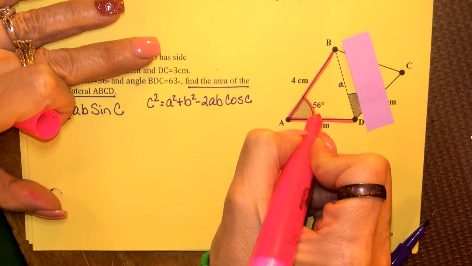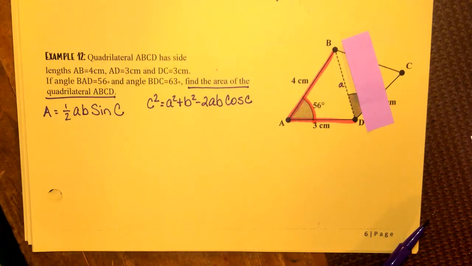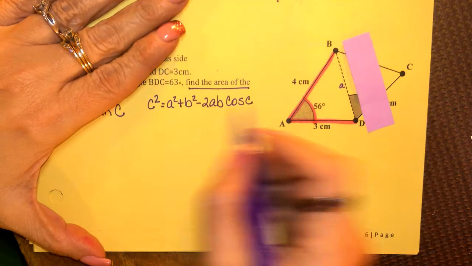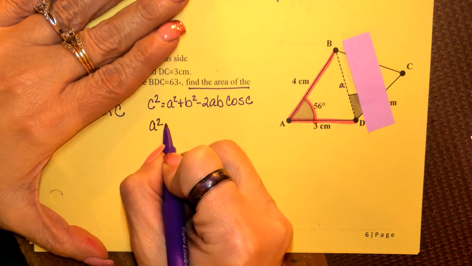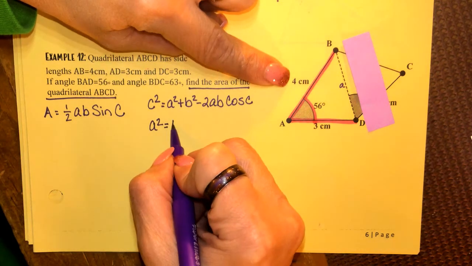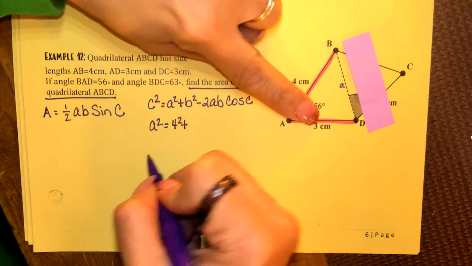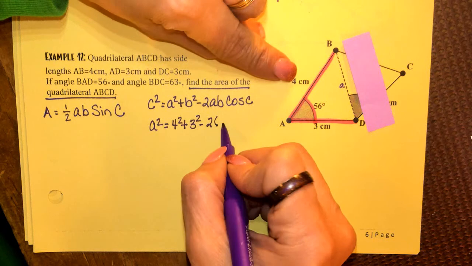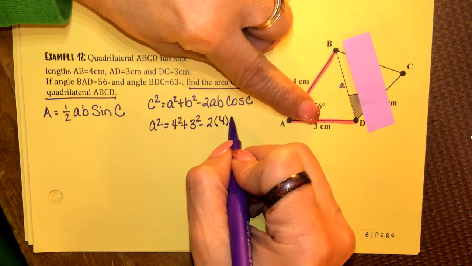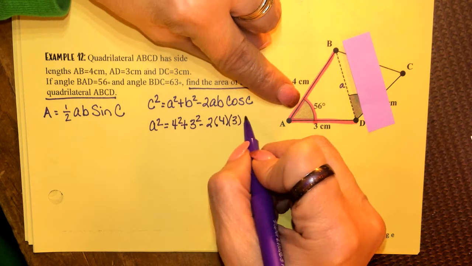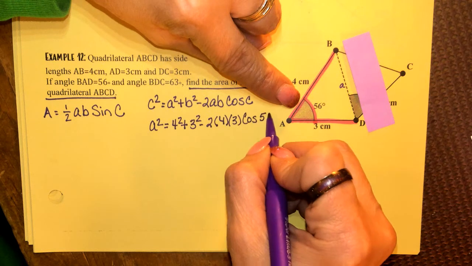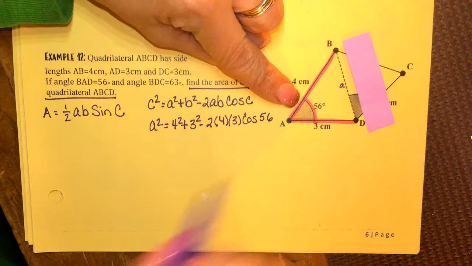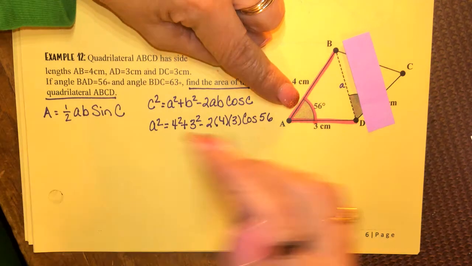And I know I'm going to do this angle. Highlighters are wonderful. All right, so here we go. a squared is going to equal 4 squared plus 3 squared minus 2 times 4 times 3 and the cosine of 56. And that's going to give me this, and that's what I need in order to do this.